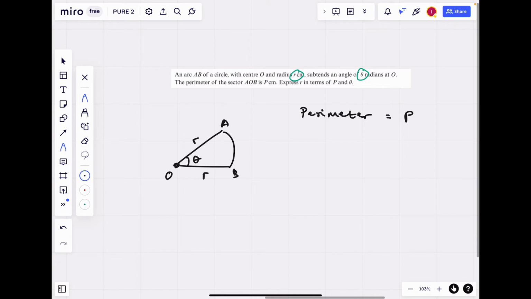In order to do the perimeter, you need the radius, which you have 2 of, and you need the arc length. When you add all those together, you get the perimeter. So, can you try and work out the arc length for me, please?